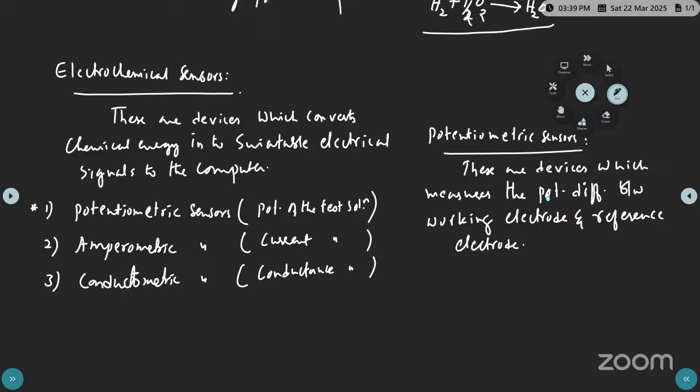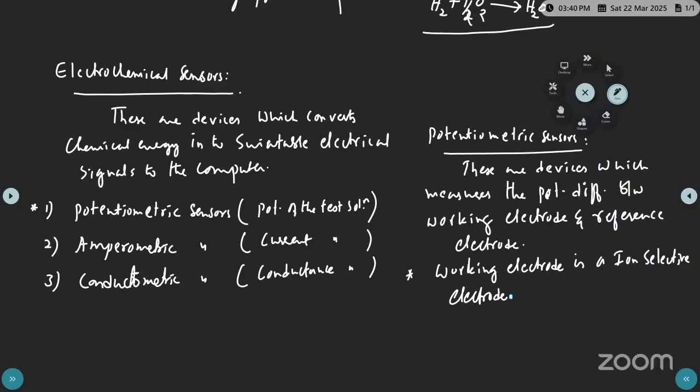So in this we are using two electrodes. One is reference electrode and the second one is the working electrode. Working electrode is an ion selective electrode.